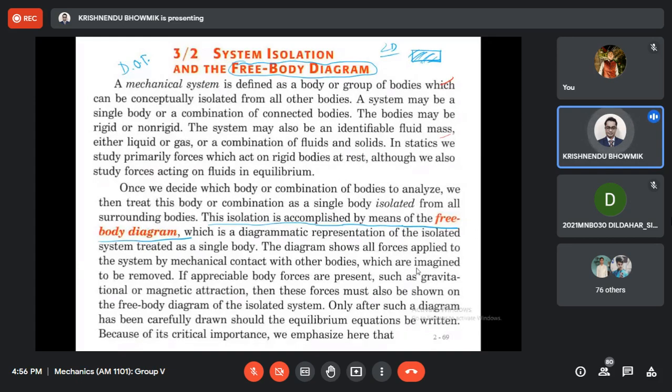Then there is the hinge support, or pin support. There will be only two reaction forces in the plane, so you consider the x-axis and y-axis, or you can represent them by the resultant of the Fx component and Fy component.